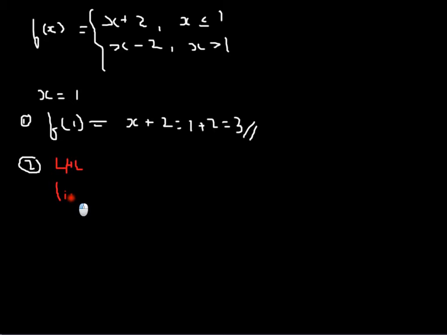We put limit x tends to 1 minus, because we are checking the continuity at 1, and when we say left hand limit, we're talking about the values on the line, whatever the line by which the function is defined, to the left of 0, right?